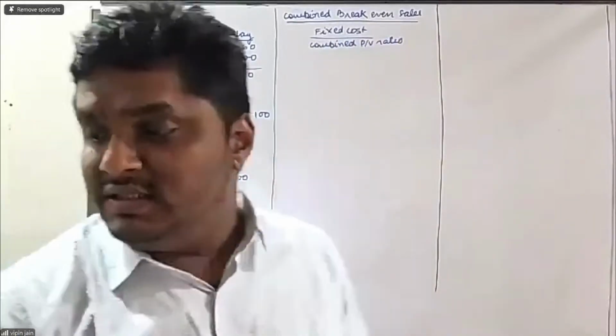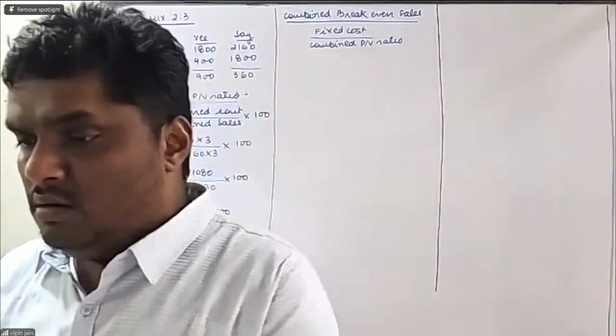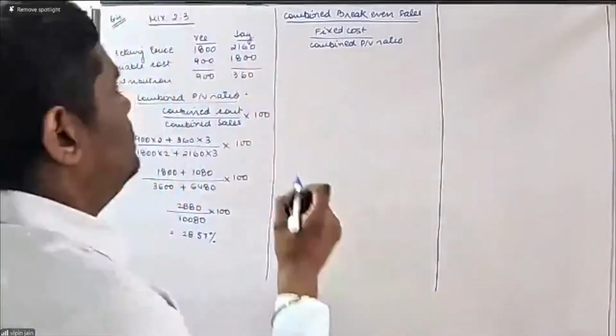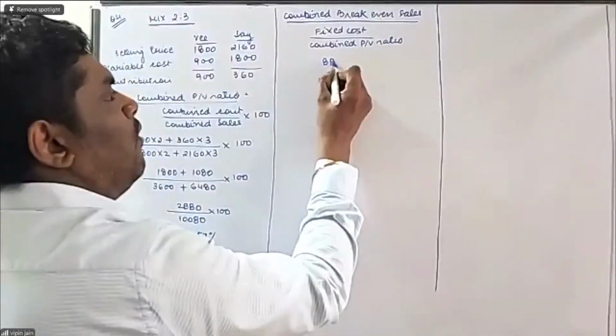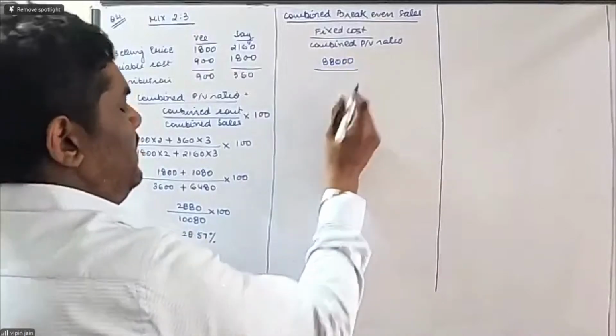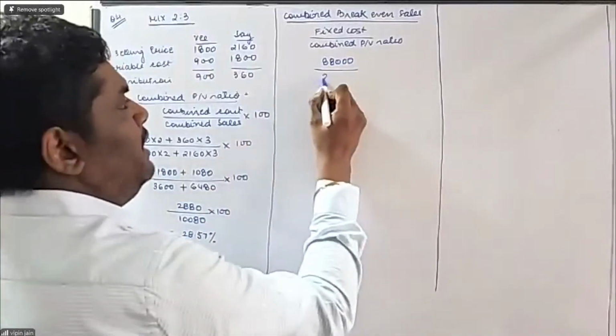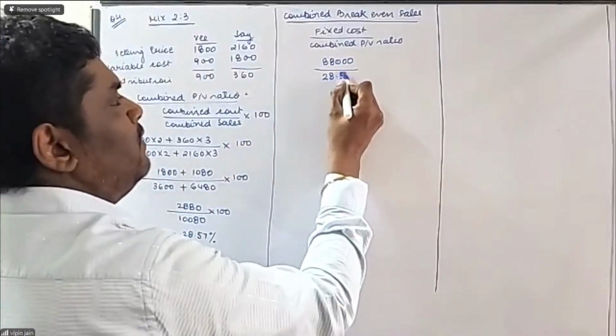My fixed cost is given, that is 88,000, divided by my combined PV ratio, that is 28.57.